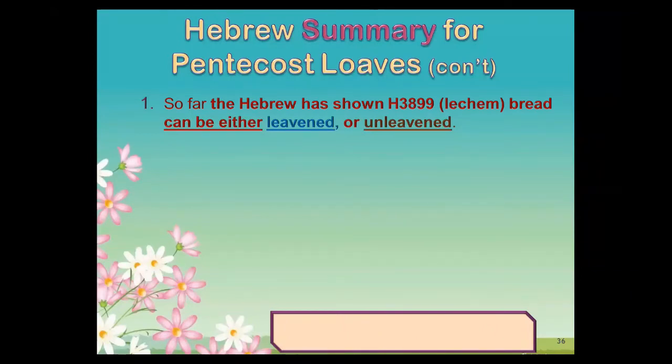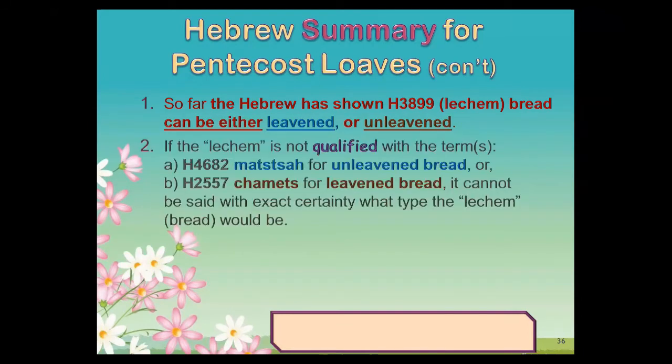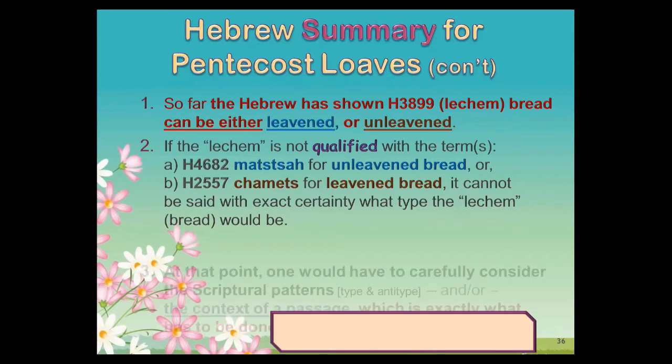We're just continuing it. So far, the Hebrew has shown that lechem bread can be either leavened or unleavened. If the lechem is not qualified with the term matzah for unleavened bread or with the term shemetz for leavened bread, it cannot be said with exact certainty what type the lechem bread would be.